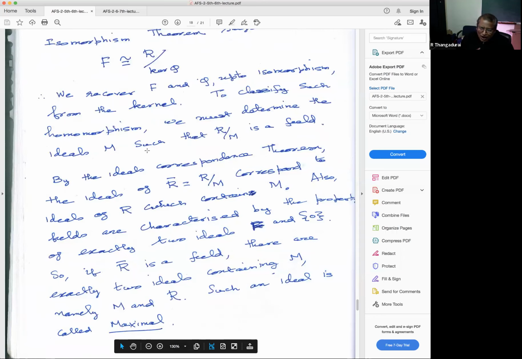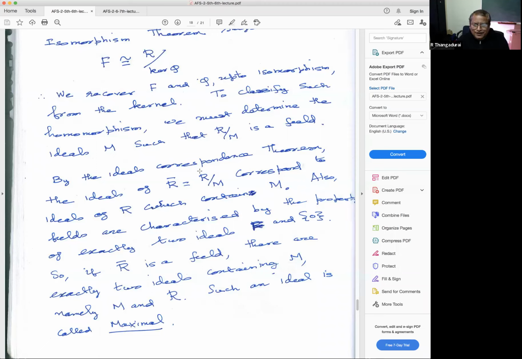So R bar, the quotient ring, is a field, and therefore it contains only two ideals, namely the zero ideal and the whole ring. R bar cannot be zero, since it is a field.